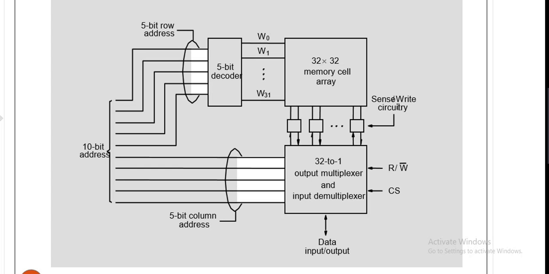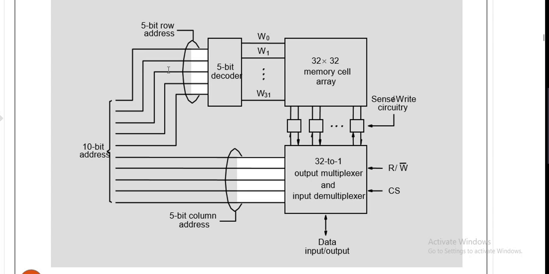Now coming to this diagram, you can observe there is a little change with respect to the address: how they use the 10-bit address to identify the row address and column address. Among these 10 bits, 5 bits are used for the row address and the remaining 5 bits for the column address.